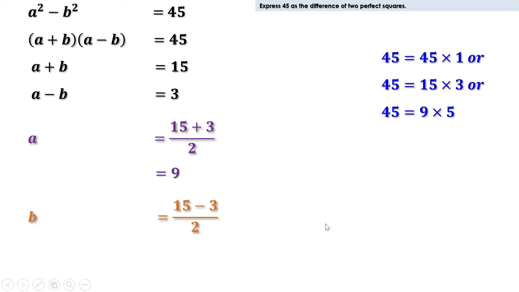B is (a plus b minus a minus b) by 2, or (15 minus 3) by 2. 15 minus 3 is 12. 12 by 2 is 6. That means b is 6. 45 is equal to a square minus b square, and a is 9, b is 6. Therefore 45 is equal to 9 square minus 6 square.